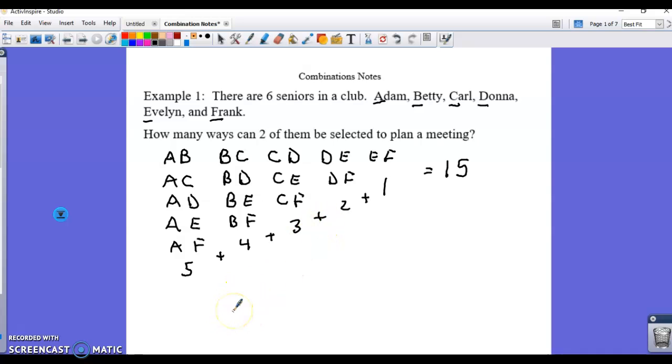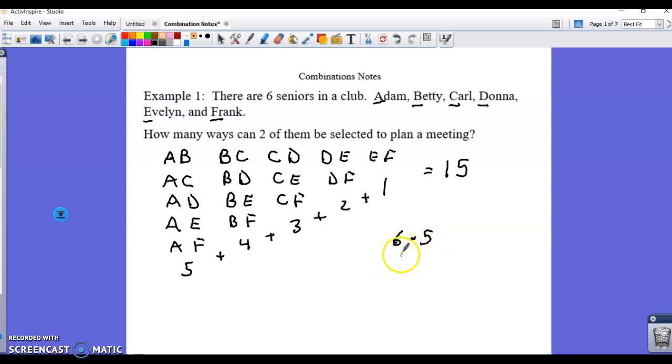Another way to look at the two together is, if order was important and we listed all of the A's and then all of the B's, there would be five here, and that would end up being six different people times five. That would be the permutation of six people, choosing two of them.